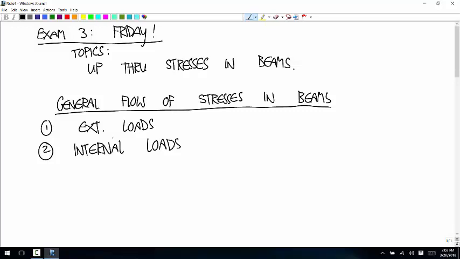But once you calculate the internal loads, this can be as a function of x or at a specific location.